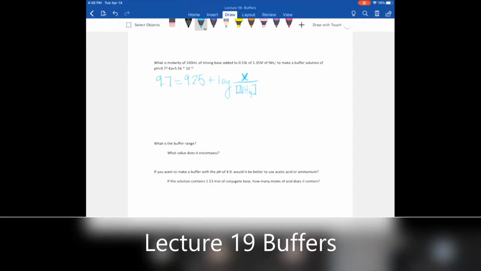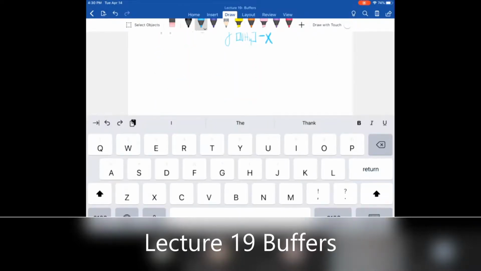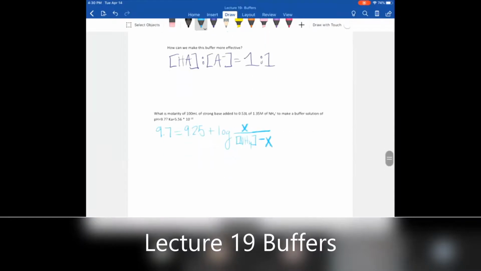You have to take into account the fact that the moles of NH4 are going to be consumed, so you have to subtract X from NH4. It seems a little more complicated, but that's technically how you would do it. If you did it without the minus X at the bottom, you'd get it wrong. So you have your NH4 concentration.